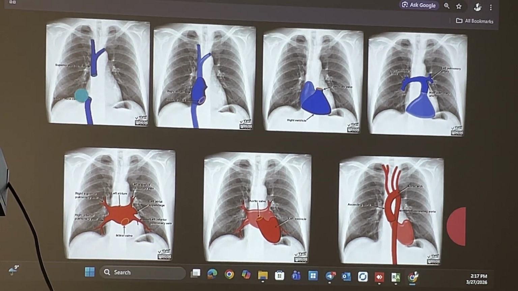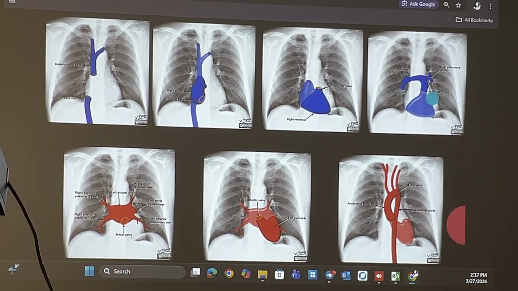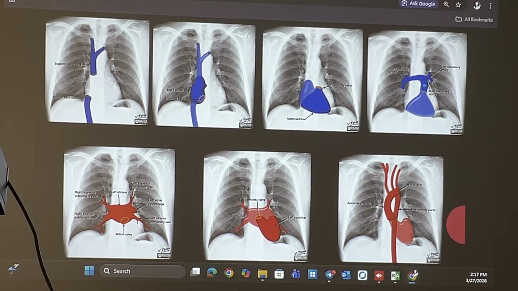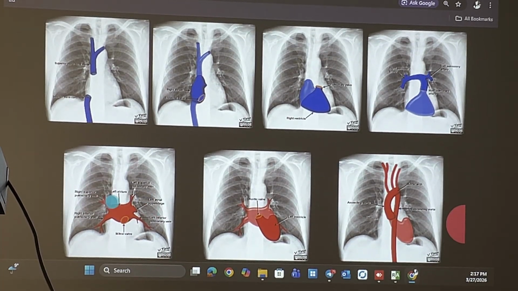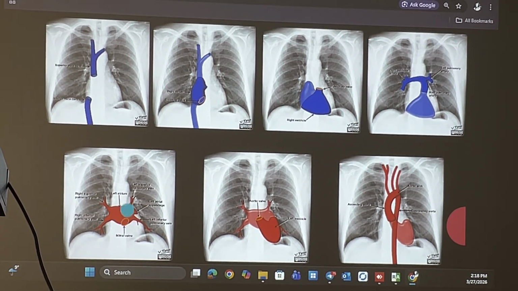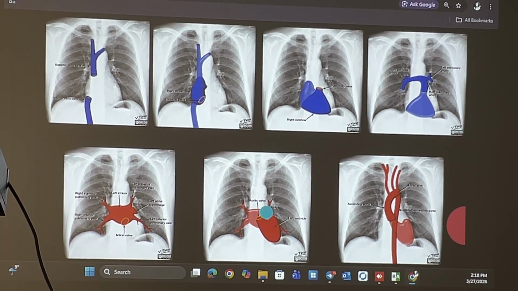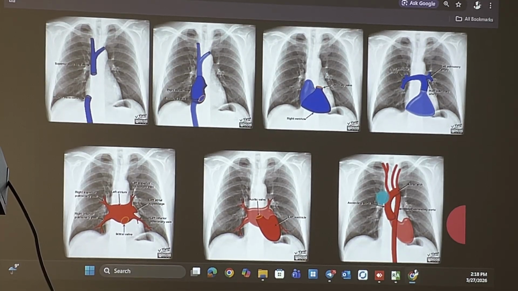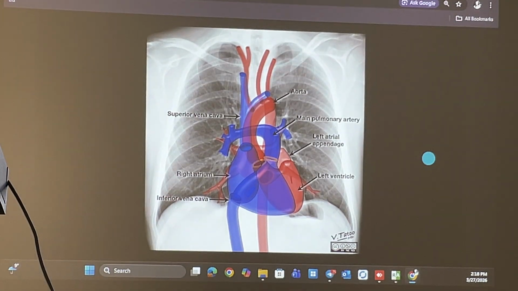You can see the superior vena cava, inferior vena cava, the right atrium, right ventricle, then from the right ventricle we have the pulmonary trunk, right and left pulmonary arteries, then we have the left atrium, pulmonary veins, and then the left ventricle, the aortic arch, and the descending aorta. And this is the overall image.